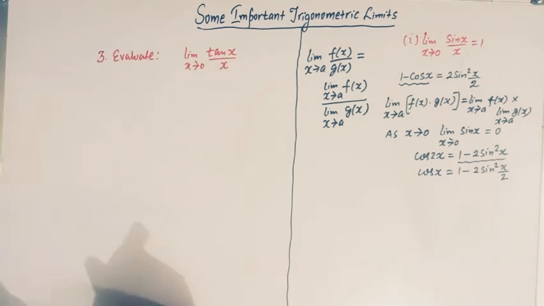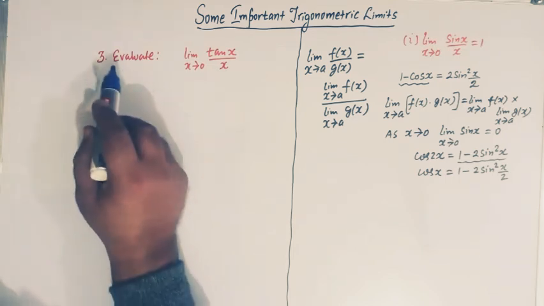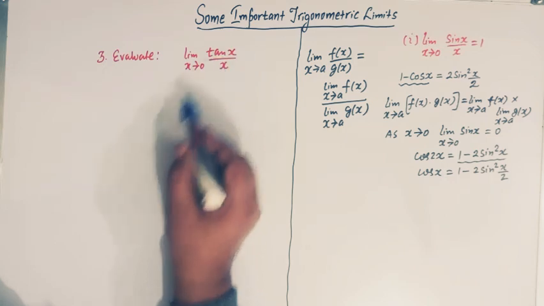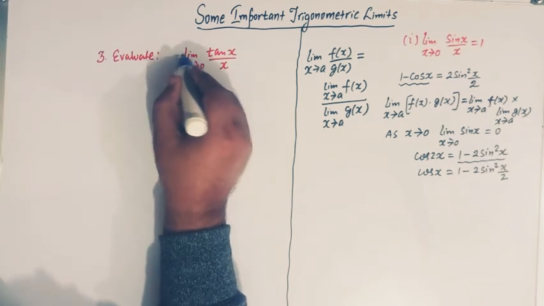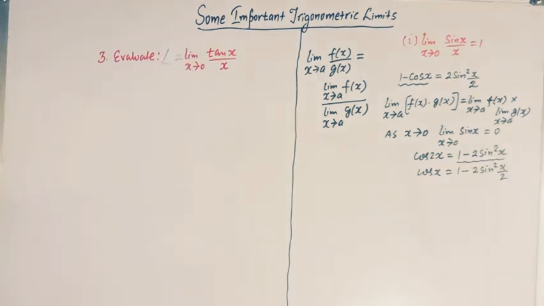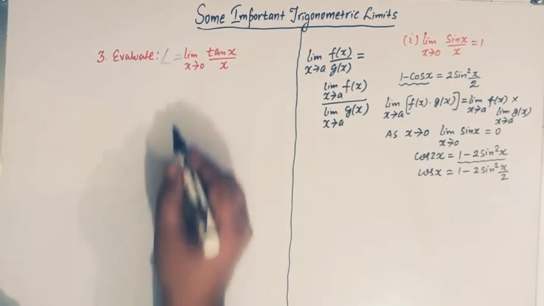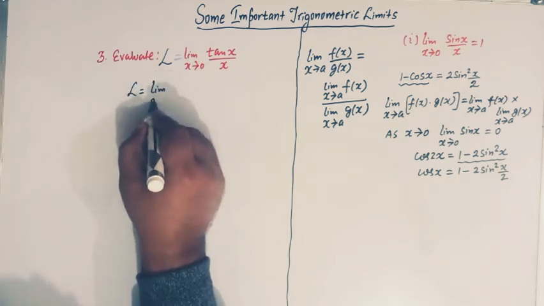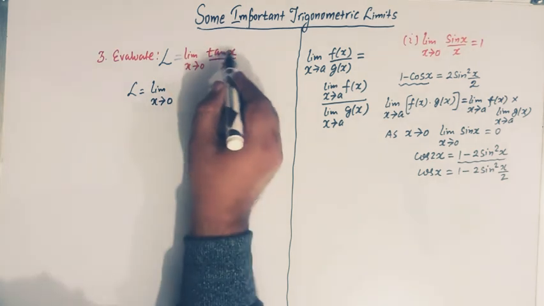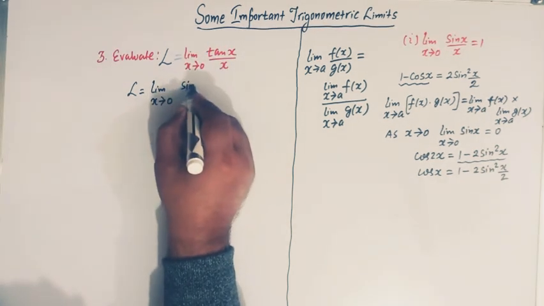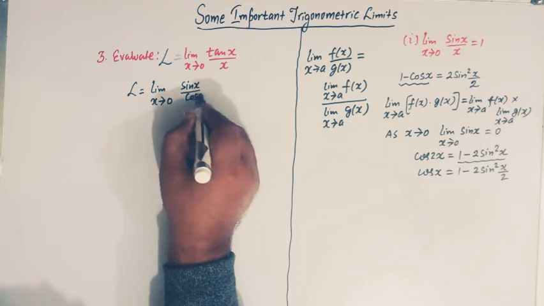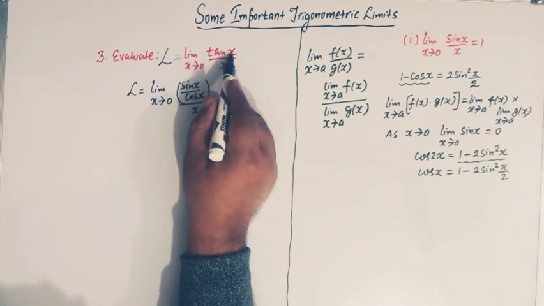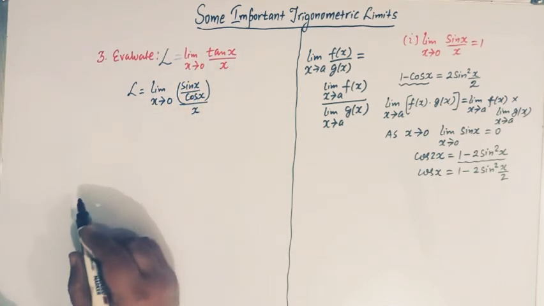Now let us consider one more limit. So here we have to evaluate limit x tends to 0 tan x divided by x. So let us call this limit as L, right? Now this L can be written as limit x tends to 0, and for tan x we can write sin x divided by cos x and divided by x, right? So tan x is replaced by sin x divided by cos x.